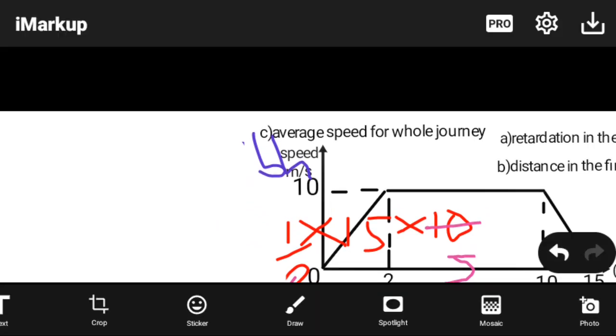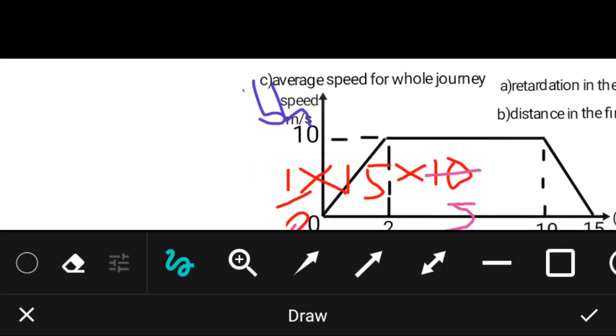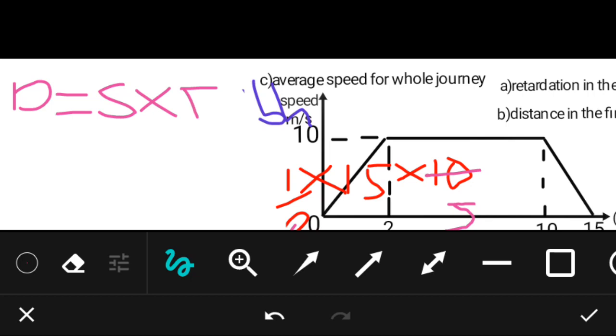Okay, so now the average speed, we'll say the distance is equal to speed times time. Okay, that is the formula for speed. If you want, you can make s the subject of the formula by dividing both sides by time.